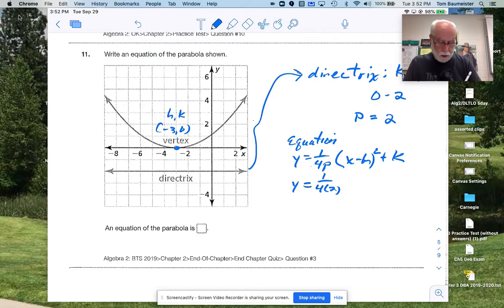So you're going to tell me it's 1 over 4 times 2. Our h was 3, and our k was a 0. So I don't have to put plus a 0 because it's just going to go away anyways. So our equation in this case should be y is equal to 1 over 8, put it in parentheses, x minus 3 squared. And that's our answer. That goes right there.